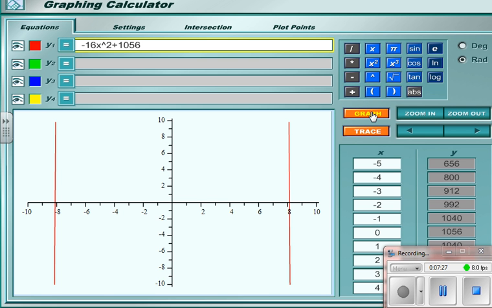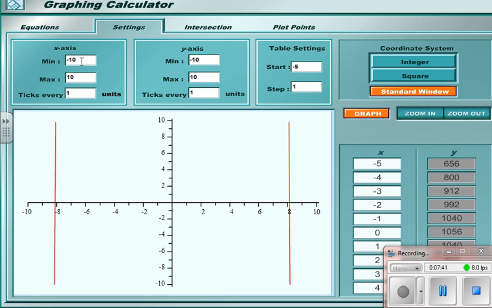And we get something that's kind of crazy looking, because our window is really from negative 10 to 10. So I need to change this to match my situation. I'm going to go to settings. Now my x minimum, that's my time. I don't care about that, so I'm going to say negative 2, and I'm going to go up for 10 seconds, 1 unit per mark.